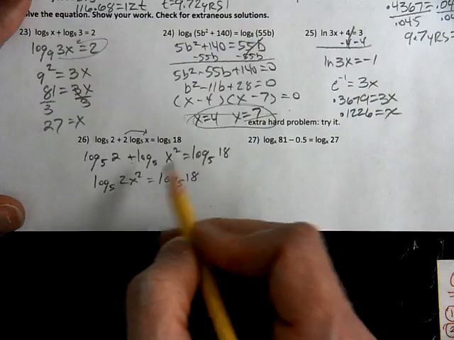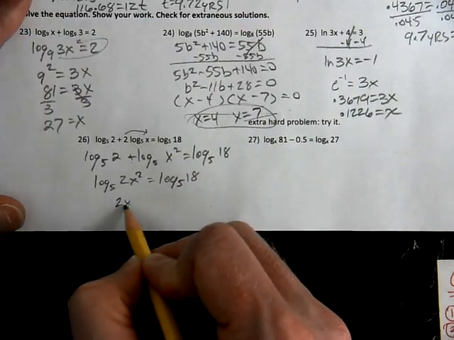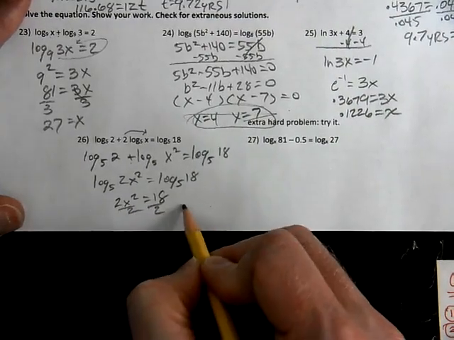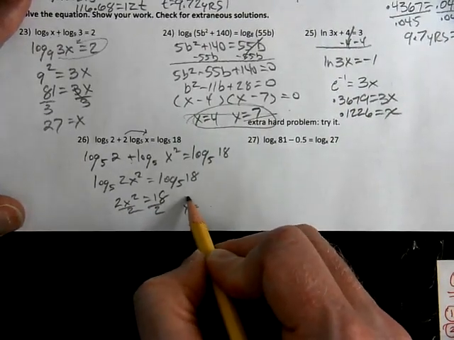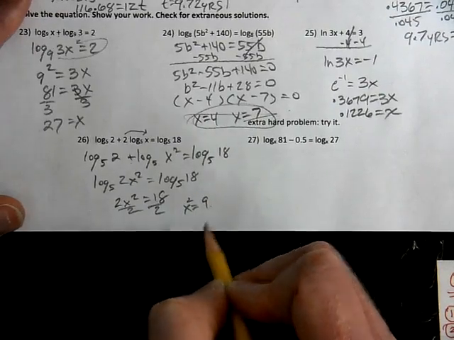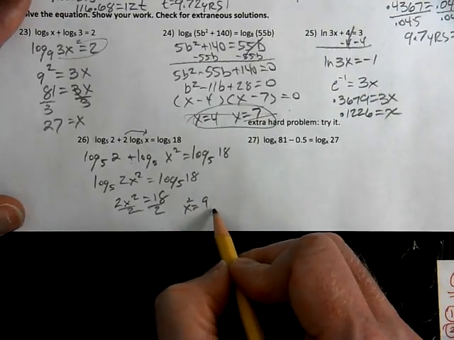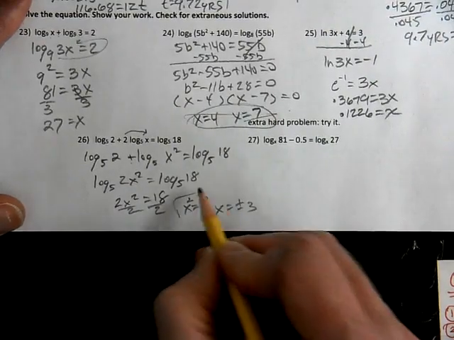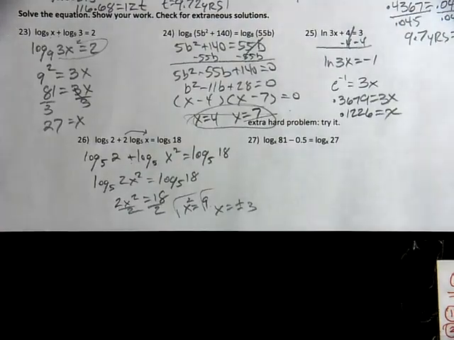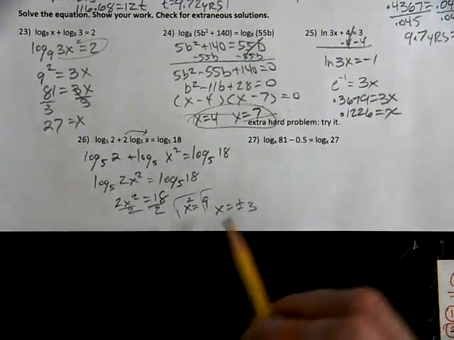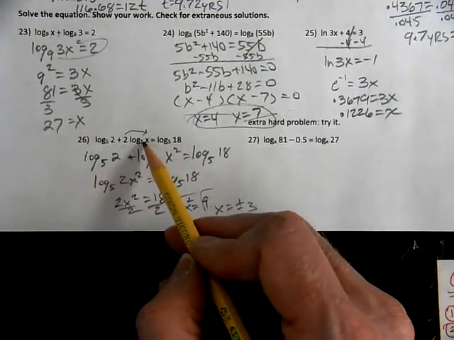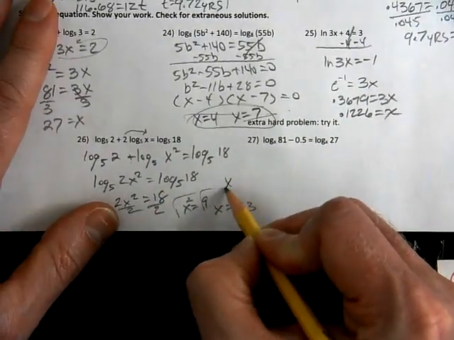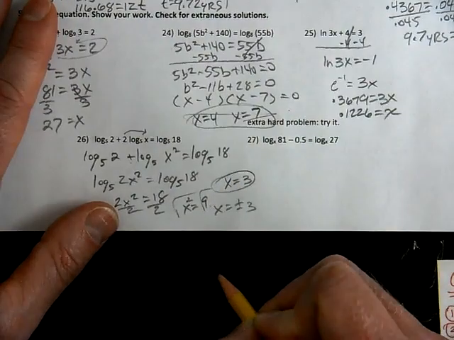Here we're going to multiply across, so we get 2x squared equals 18, divided by 2, x squared equals 9. Take the square root. And we have plus or minus 3. But we notice that the negative 3 would be extraneous. So x equals 3 is our only answer.